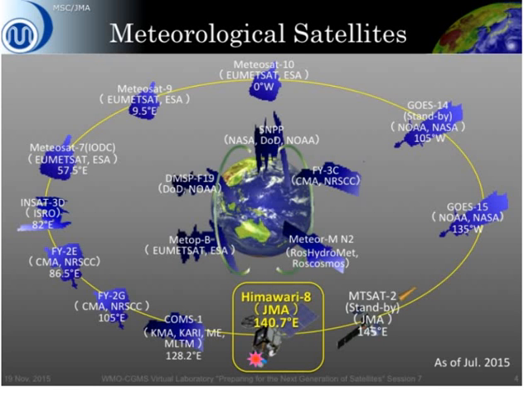The altitude of geostationary orbit is about 36,000 kilometers. On this orbit, satellites round at the same speed of Earth's rotation, so we can always see them at the same position, stationary.